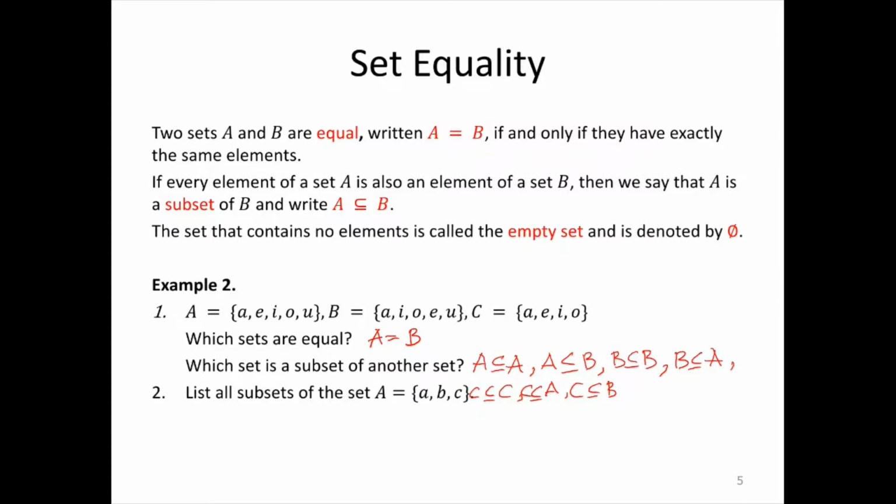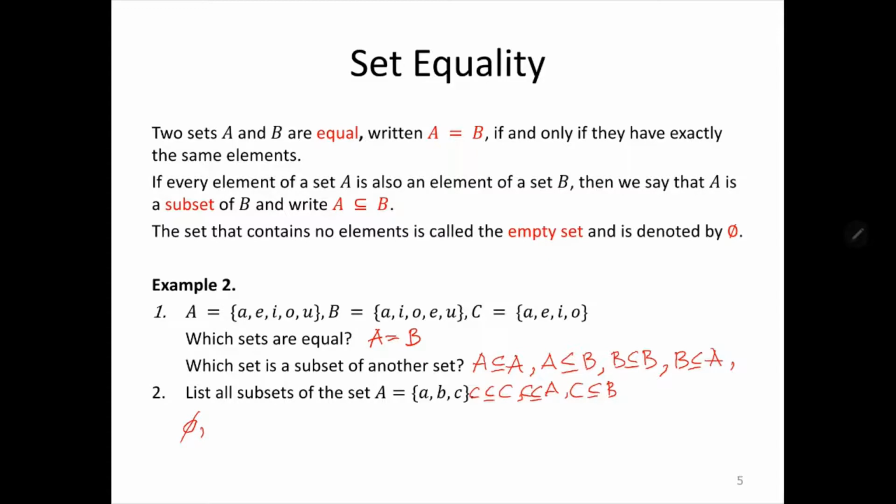Now we have another set, A, whose elements are A, B, and C, and then we have to list all the subsets. As I said before, of course, the empty set is a subset.